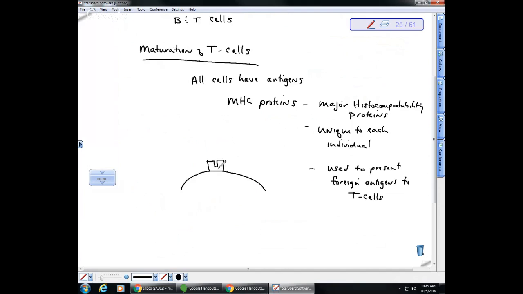And that groove can actually fit a foreign antigen. So I could label this red. This is my foreign antigen, and it fits into the MHC protein.